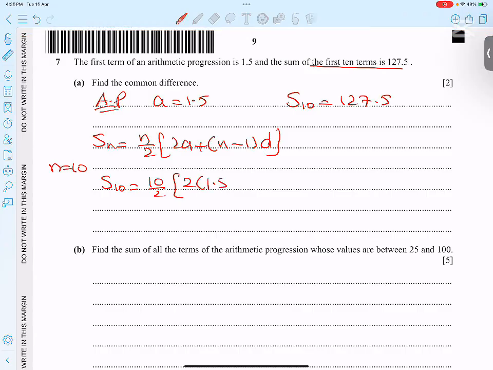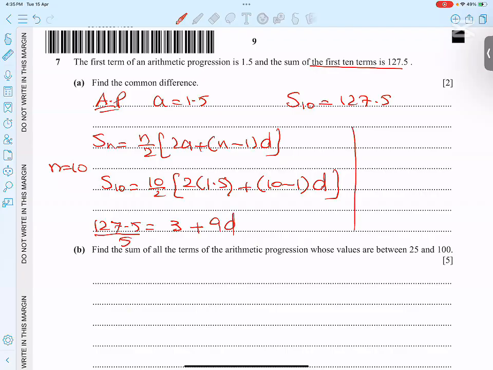A is 1.5, and if I replace a by 1.5, and this n is again 10, and the common difference I want to find. S10 is replaced by 127.5. This 5 will go down and divide, and here I get 3 plus 9d.